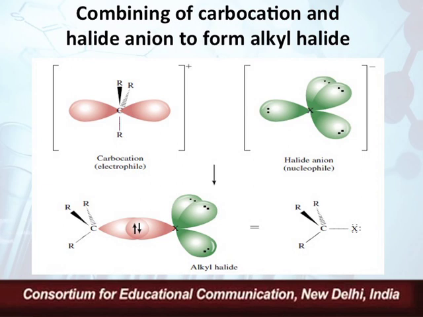That is, its sp3 hybridized orbital has a non-bonding electron pair, which forms a bond with the empty p orbital of the carbocation, resulting in the formation of an alkyl halide.